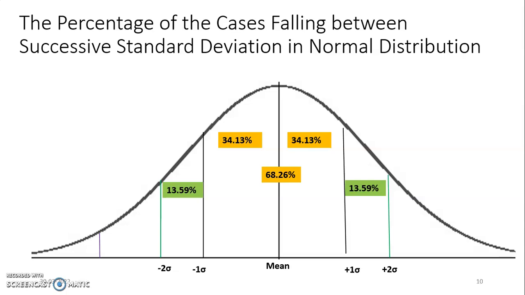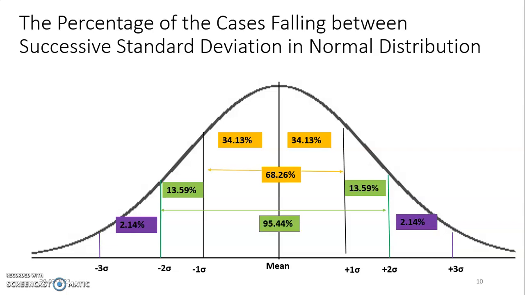And then we are going to see minus 3 sigma. The distance from minus 2 sigma to minus 3 sigma, the area covered is 2.14%. In the same way, between plus 2 sigma and plus 3 sigma, the area covered is 2.14%. The total area covered between minus 2 sigma and plus 2 sigma is 95.44%.